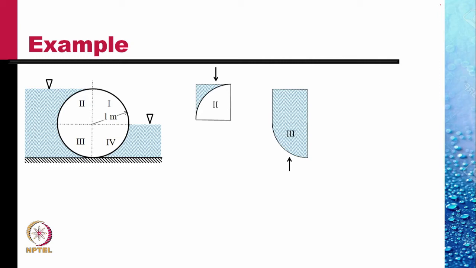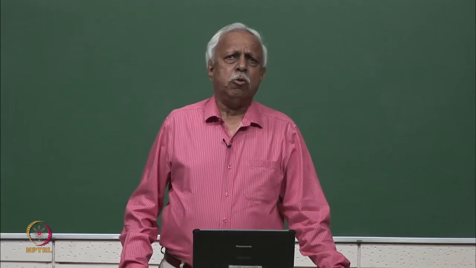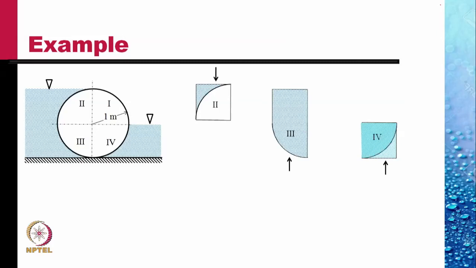On the fourth quadrant, the force would be the weight of the darker blue area of the liquid shown. So, per unit depth, we can evaluate these areas and find out the total force. On quadrant 2, the force is downward, while on quadrant 3 and quadrant 4, the force is upward.